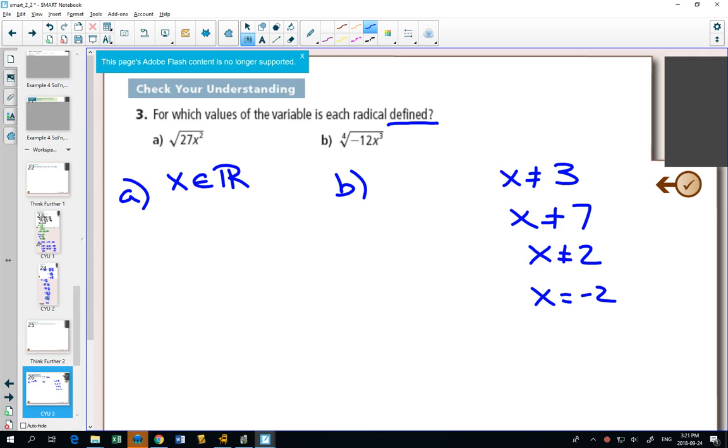What about 0? What happens if you plug in 0? 0. And what's the 4th root of 0? 0. So 0 works. So we just, through thinking about some numbers, we have found out that positive numbers don't work.